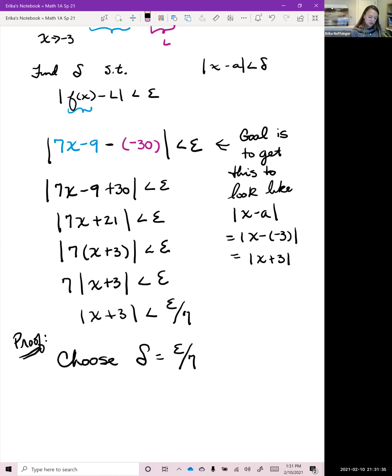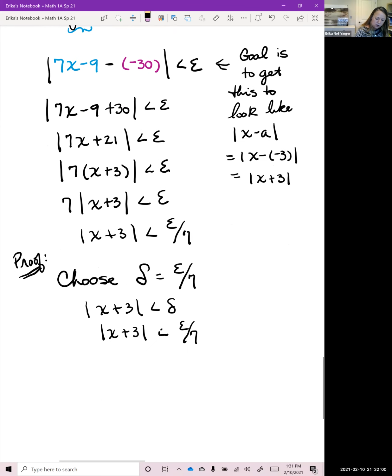So if we choose delta to be equal to epsilon over 7, and we know the absolute value of x plus 3 is less than delta, then the absolute value of x plus 3 would have to be less than epsilon over 7.